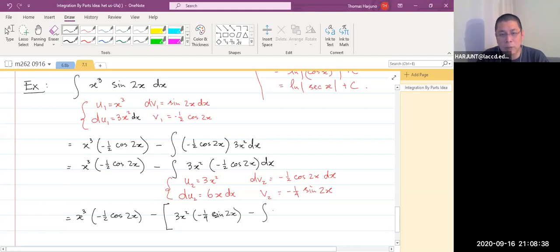Let me reorganize them right away. 6x times negative 1/4 sine 2x dx.